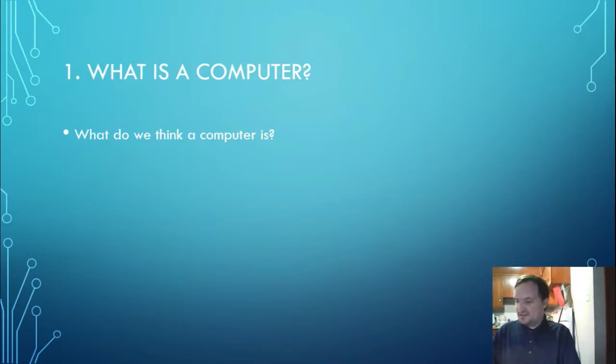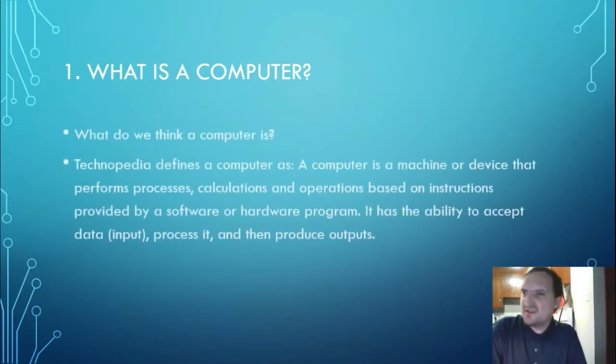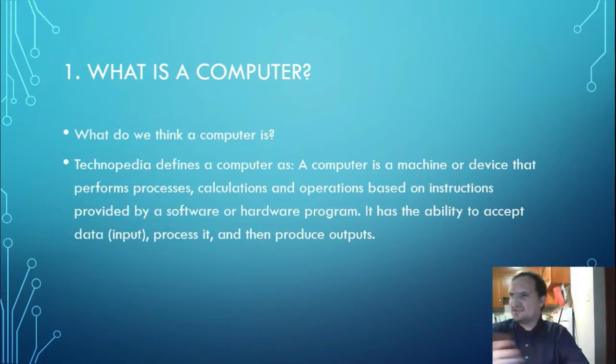According to Techopedia, a computer is a machine or device that performs processes, calculations, and operations based on instructions provided by a software or hardware program. It has the ability to accept data, input, process it, and then produce outputs.